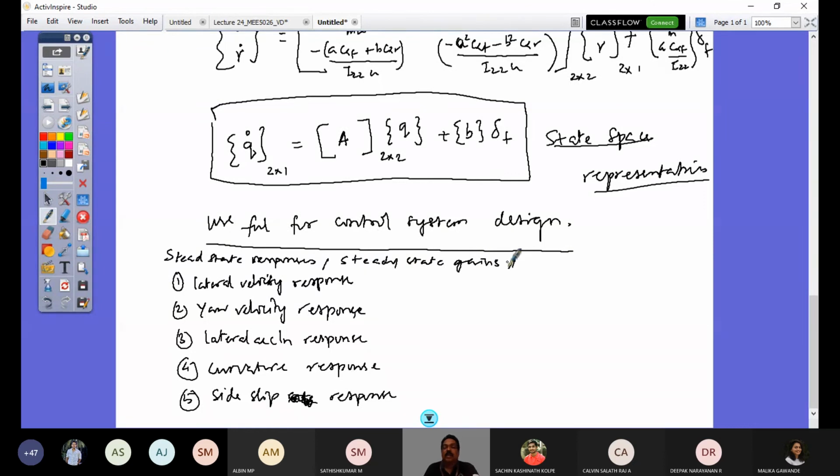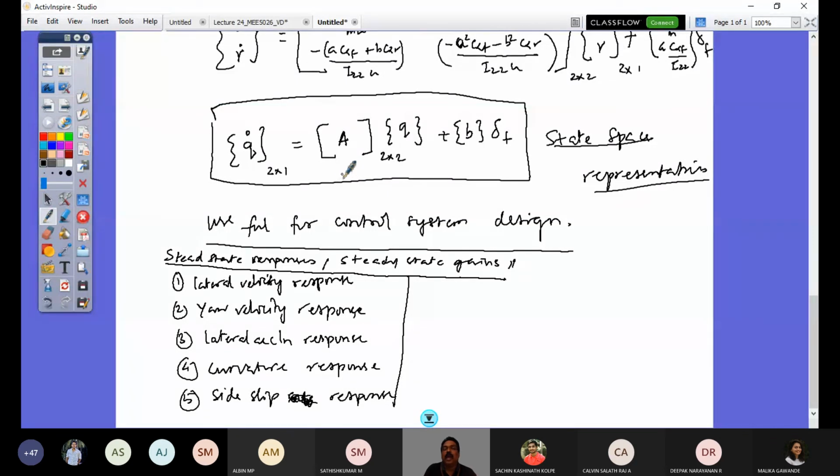All right. You can also say they are a transfer function in the Laplace domain, right? These responses, I can use them to compare different vehicle handling characteristics. And the characteristic parameters or responses are these 5 that are listed. These can all be readily found from this state space matrix. I can also do a stability analysis.